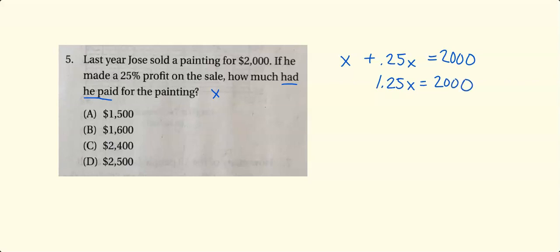We take 2,000 divided by 1.25, and if we use a calculator, that comes out to X equals 1,600. So the answer is B, $1,600.